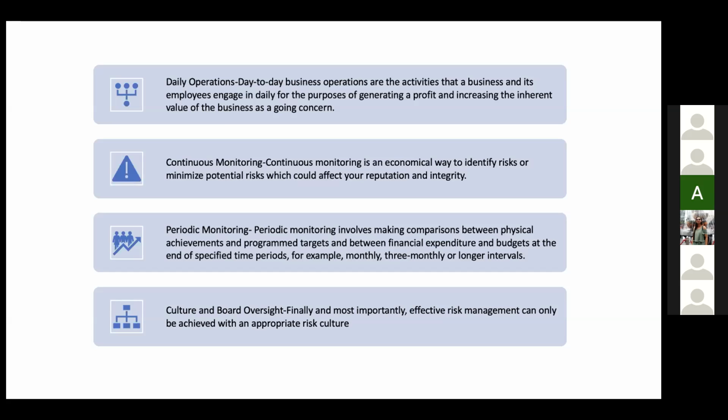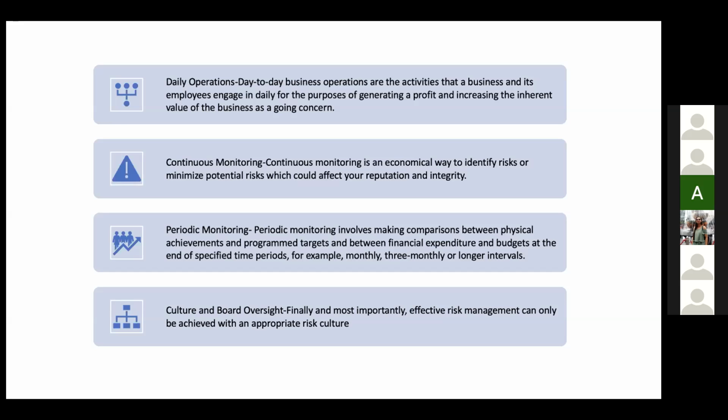Continuous monitoring is an economical way to identify risk or minimize potential risk which could affect your reputation and integrity of an organization. No individual should be assigned a role to monitor performance, which can be domain of responsibility. And to ensure the integrity of the monitoring functions, the head of those functions must have direct access or reporting line to a relevant board member or board committee.